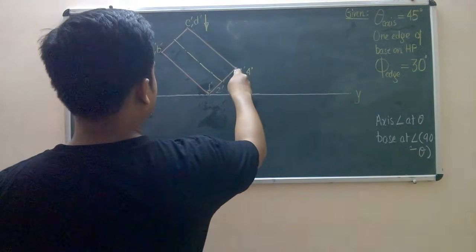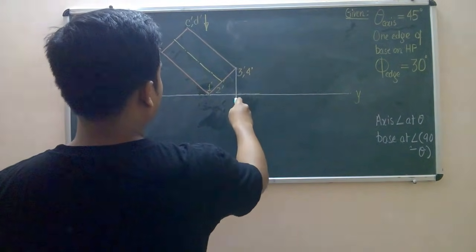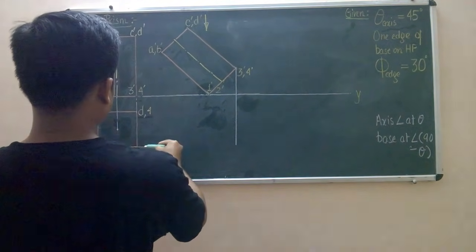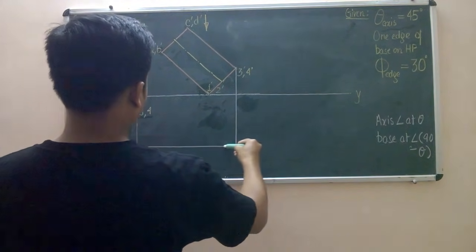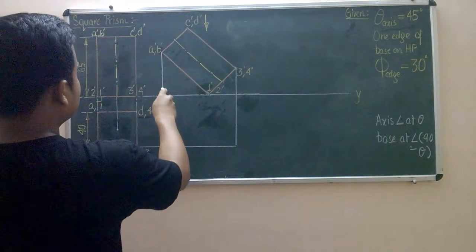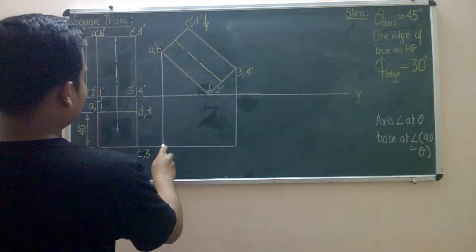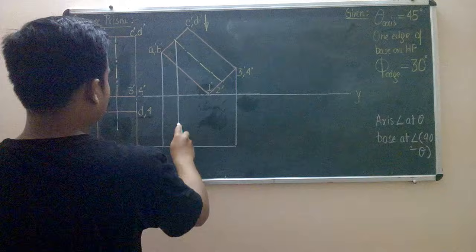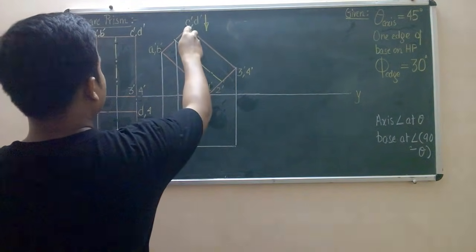Let's draw these lines first. That's it. Now let us draw the vertical lines first, and then we will draw the horizontal lines from step number 1. This is for the axis actually, this one, right?